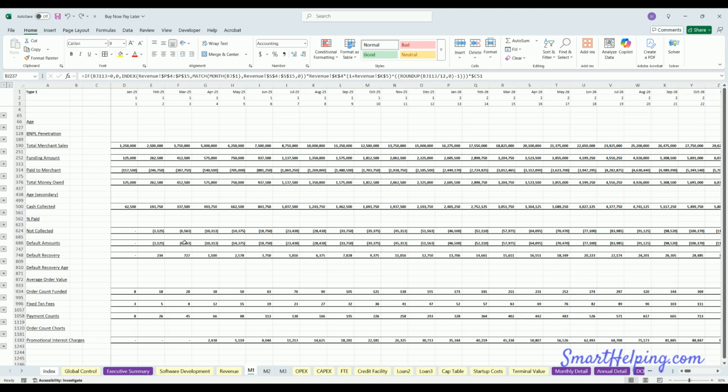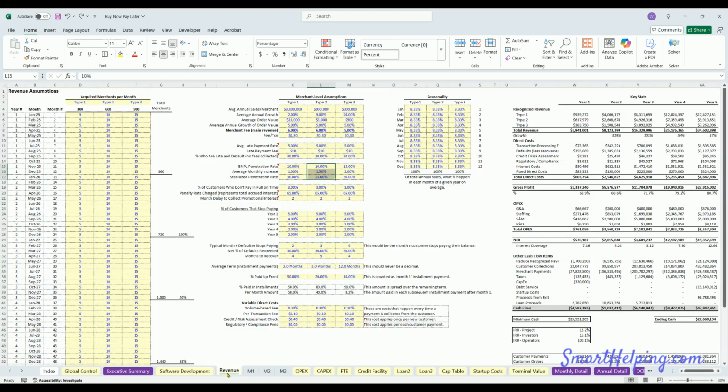And then you've also got this whole thing with defaults and recoveries, and you've also got to figure out how much of the funding amount that you're funding for the merchant into the customer is getting paid back over time. And that's all dynamic as well, based on these repayment schedules, based on the installments, how much is paid up front. So there's a lot of logic I had to go through to make all that work correctly to give the user the best flexibility in the model and really get accurate assumptions.